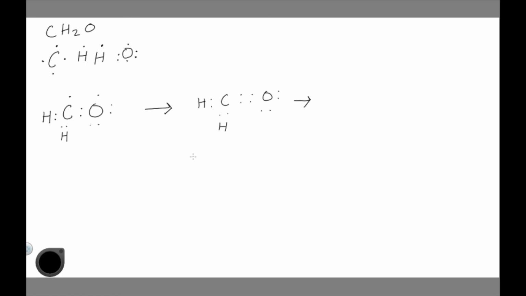In this case, we don't have any triple bonds, so we will leave that alone. We take our carbon hydrogen bonds and draw single lines between them, and then we take our carbon oxygen double bond and draw two lines between them, and then we fill in the remaining unpaired oxygen electrons. So that's going to be it.